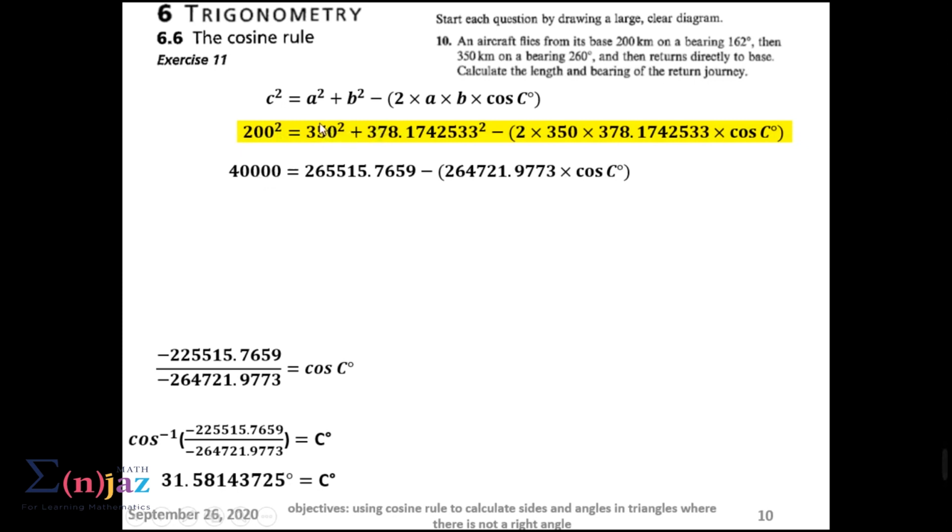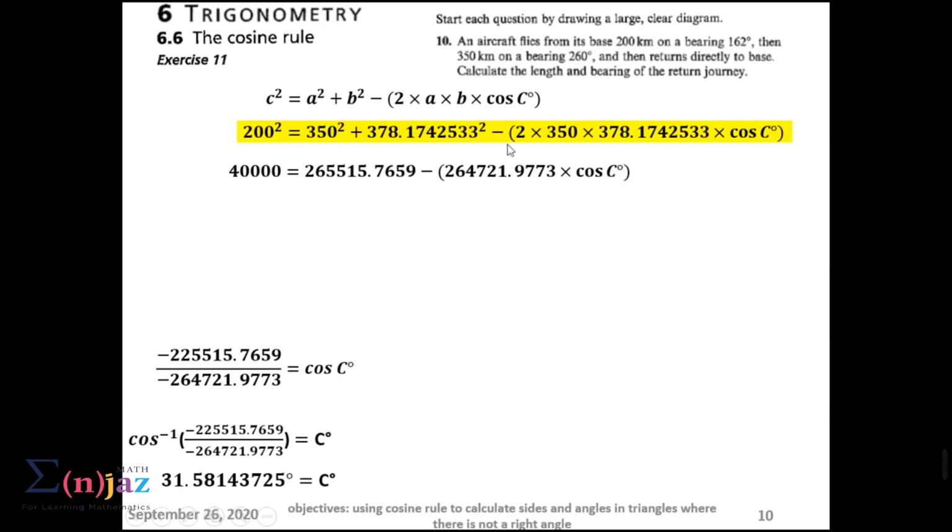And if we simplify here, 350 to the power of 2 plus 378 to the power of 2, it's going to come down to 265,515.7659 minus, and if we simplify here, 2 times 350 times 378, it's going to be 264,721.9773 times cosine angle C.